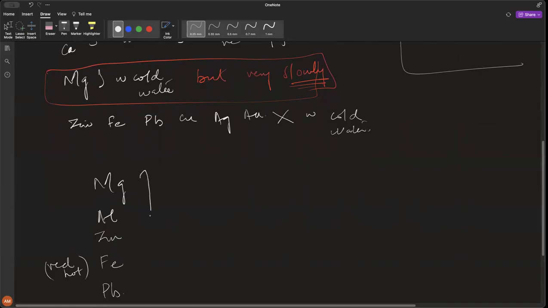Basically you can say these four are the ones that readily react with steam. But both the conditions, we're going to write them. All of them should be hot.